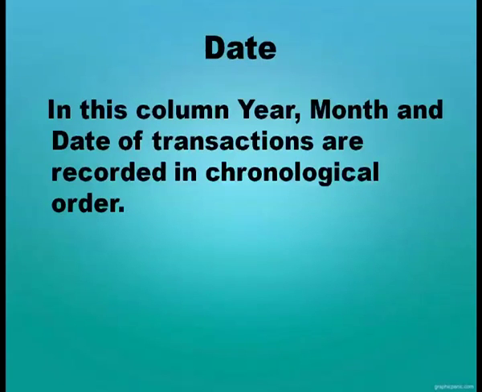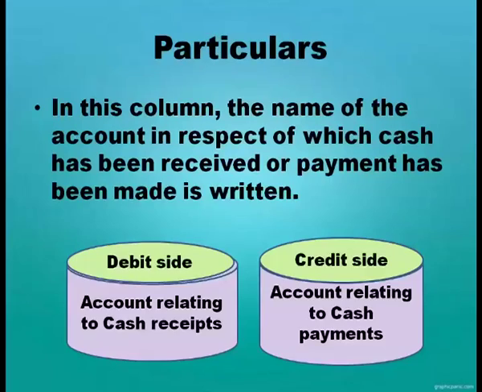In the format of the cash book, we first write the date with year, month and date. Transactions are recorded in chronological order, that is according to the order in which they have occurred. In the particulars column, the name of the account in respect of which cash has been received or payment has been made is written. Accounts relating to cash receipts are recorded on the debit side.